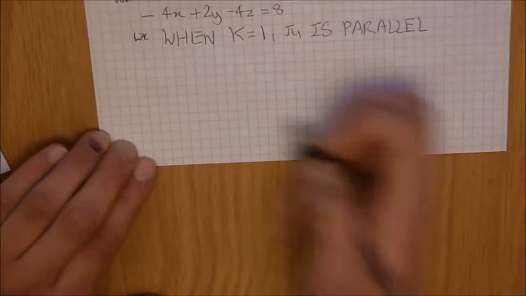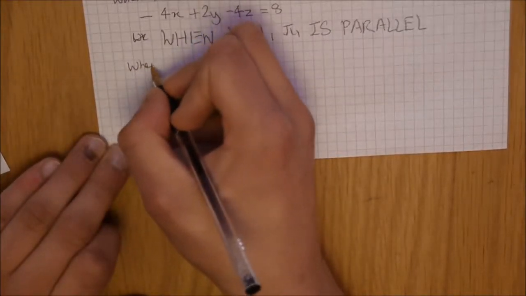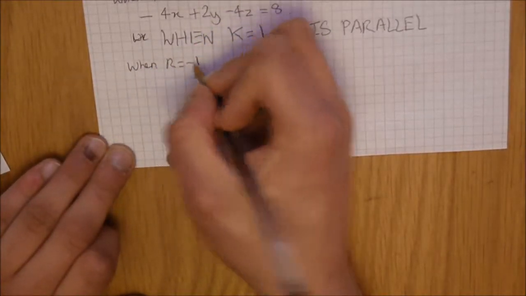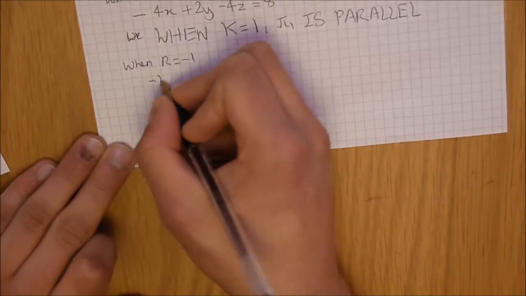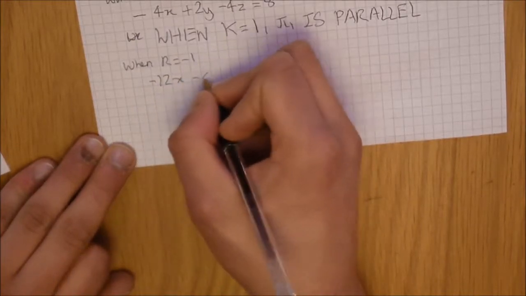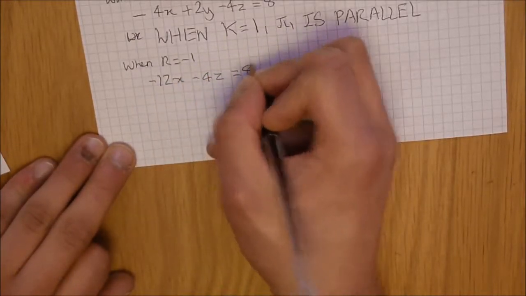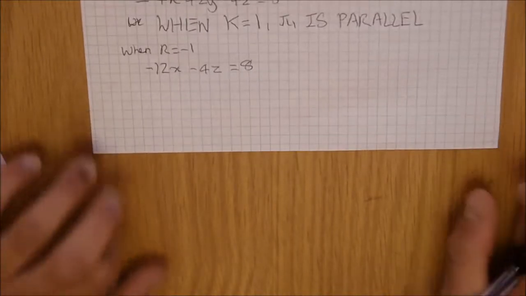And then finally, when k equals minus 1, then we get minus 12x minus 4z equals 8. Now, this is a bit different.